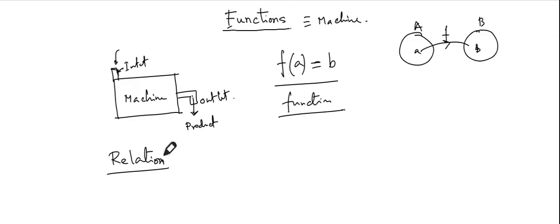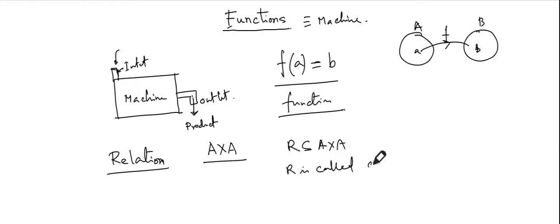We have already learnt about relation: if A cross A is any Cartesian product of a set, and R is a subset of A cross A, then R is called a relation on A. R is a subset of A cross A.